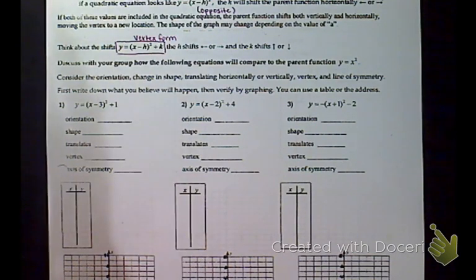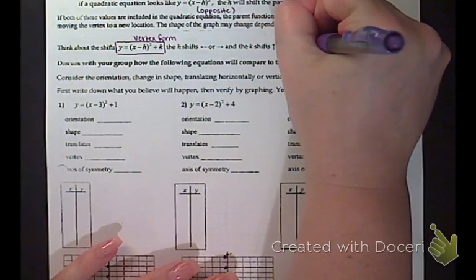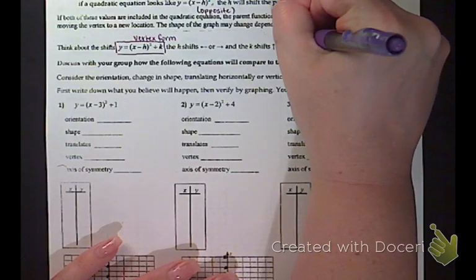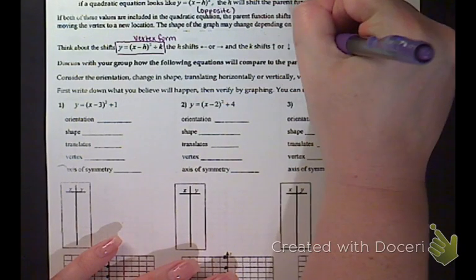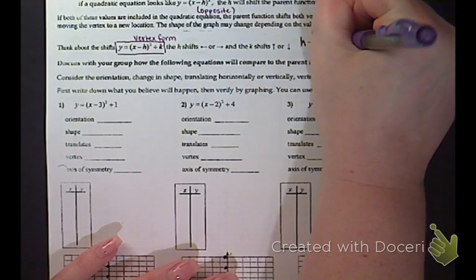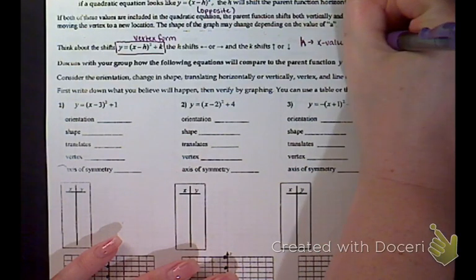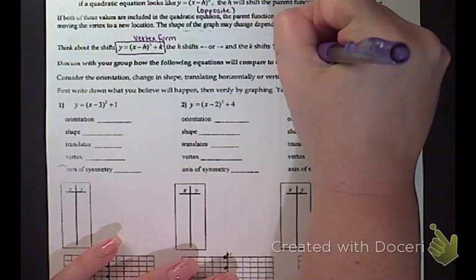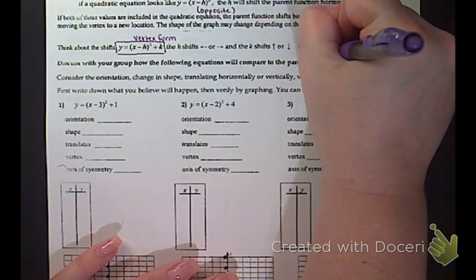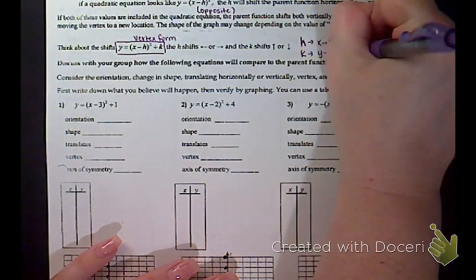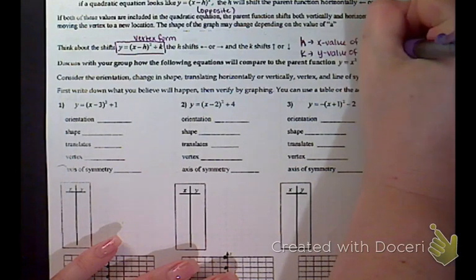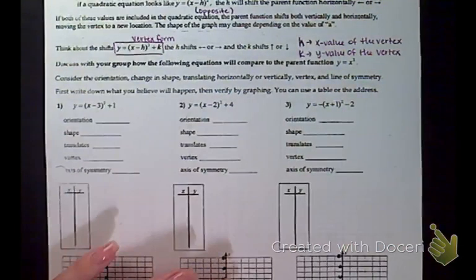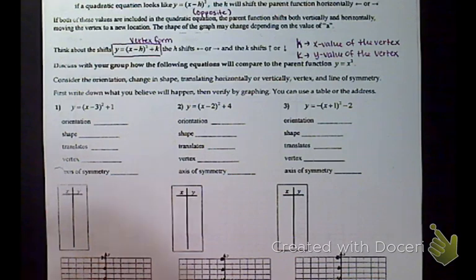So h is the x value of the vertex. K is the y value of the vertex. Remember, h is opposite, k stays the same.